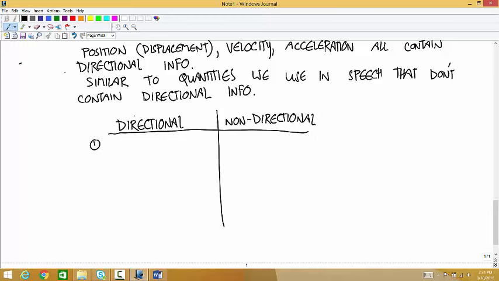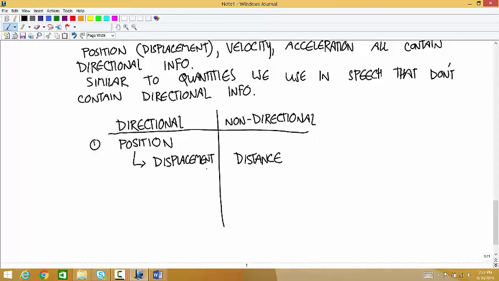So the first directional quantity that I mentioned is position. And we're going to use that idea of position to define the quantity displacement. The non-directional version of displacement, quite similar to it, is distance.